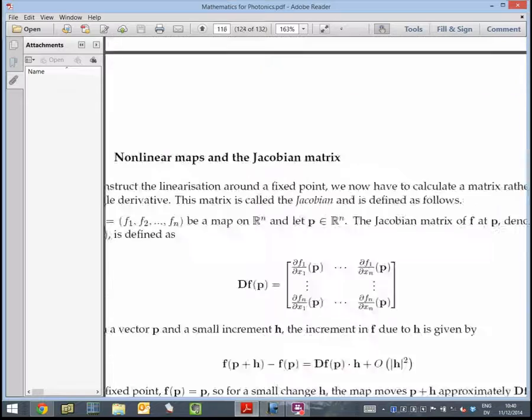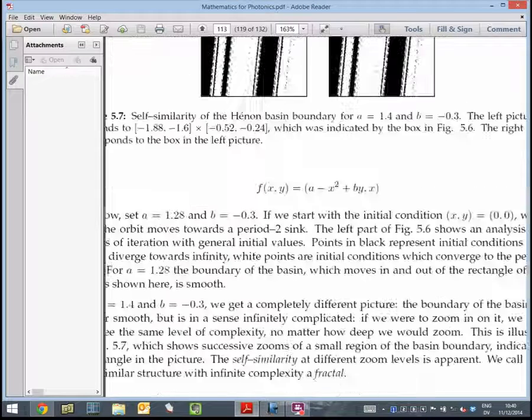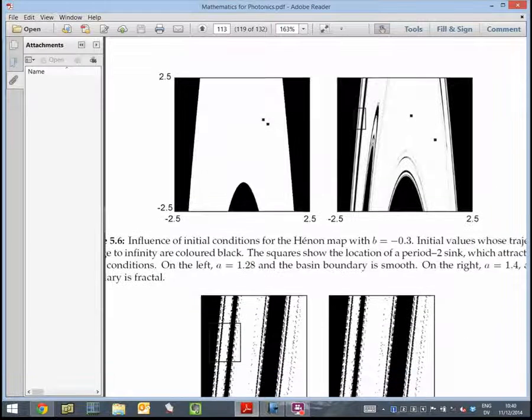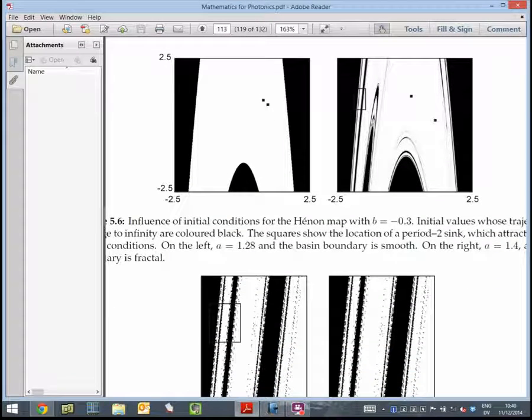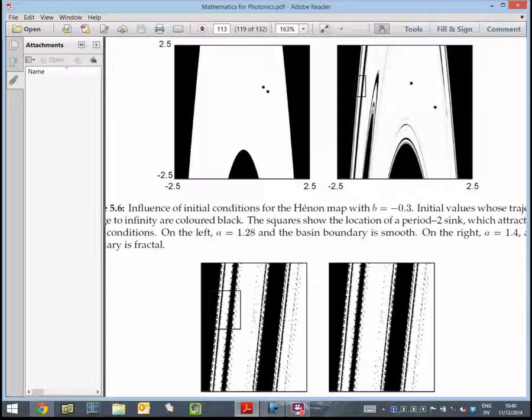That should remind you very much of the things here, where I cheated to calculate them. And indeed they're related to this, because you can ask yourself the question, okay, in this case, I have white points which go towards my period 2 points, and I have black points which converge to infinity.